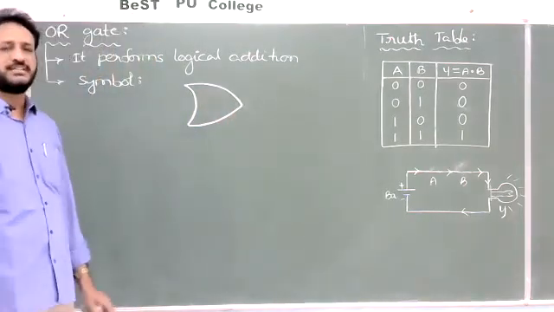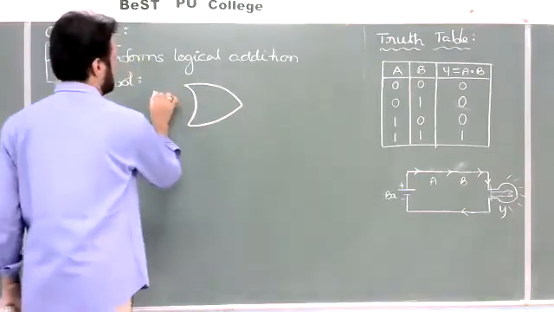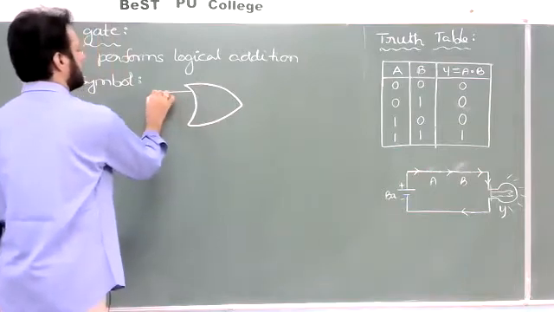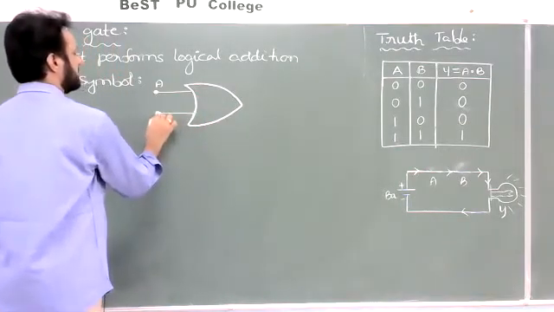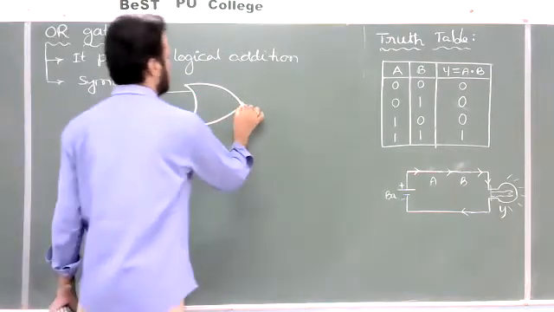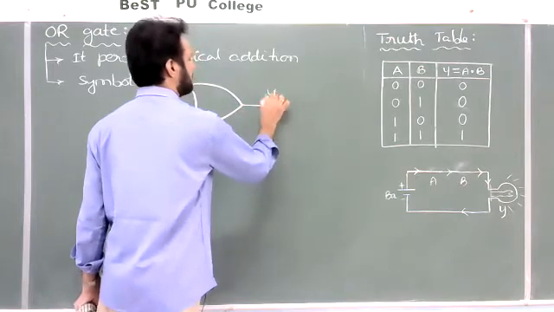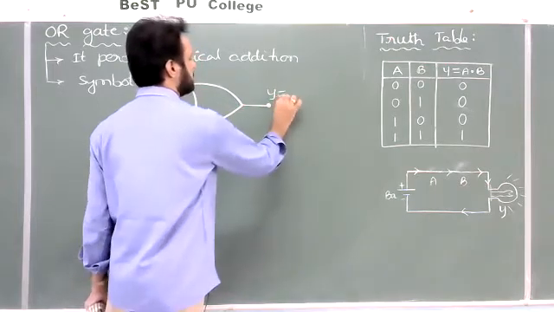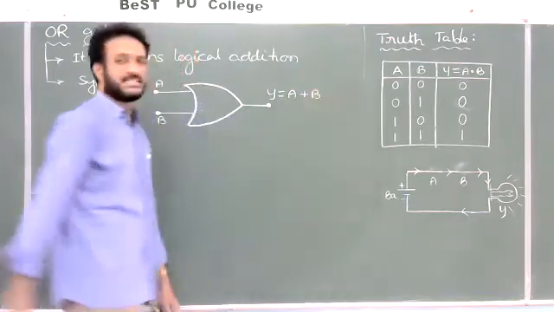It also has two inputs and one output. On the left side, input A and one more input B. These are the two inputs, but only one output, which should be written as Y. Generally Y equals A or B. I am using a plus.